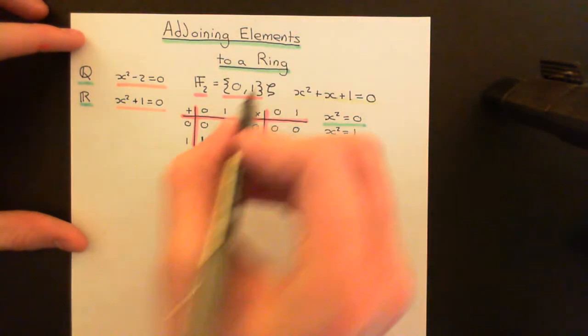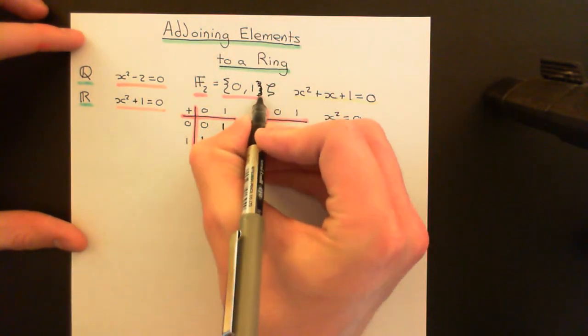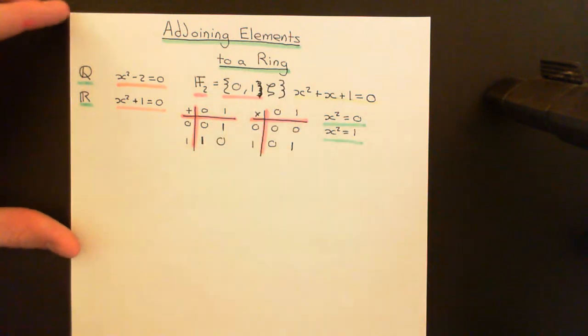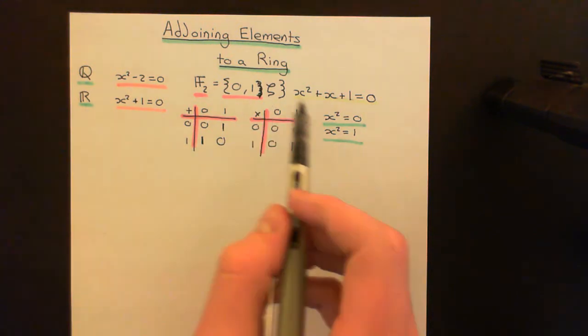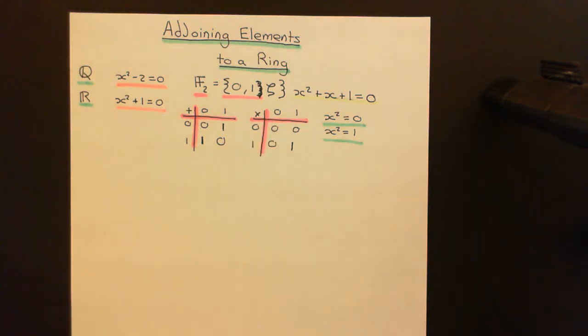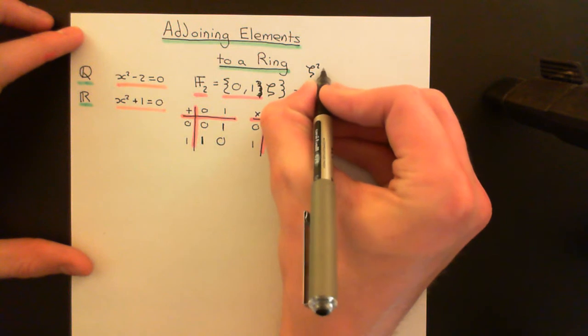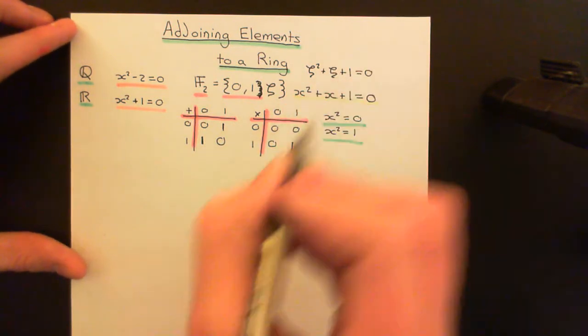So I'm going to stick in an extra symbol into this set, and we've now got an extra symbol in there. Okay, and I am going to try and make zeta the solution to this equation. Okay, so I want zeta squared plus zeta plus 1 to equal 0.